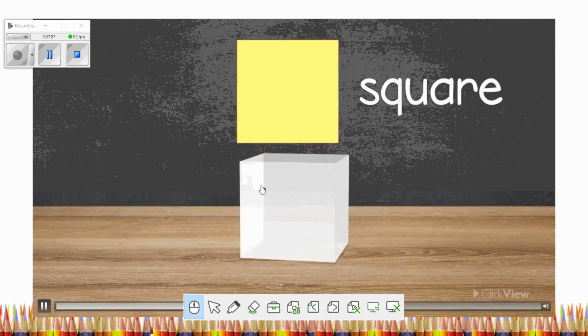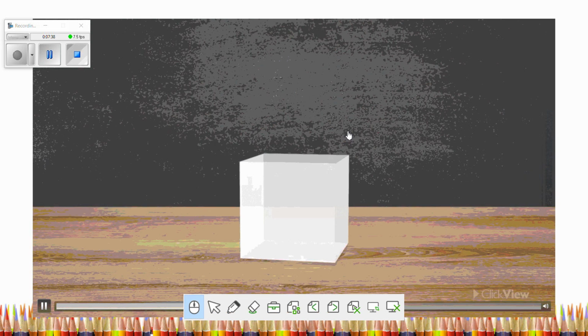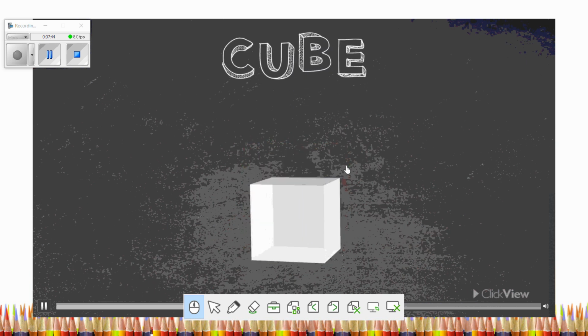The faces in the 3D shapes may be made from 2D shapes. We want to know some of the 3D shapes. The first one is the cube.